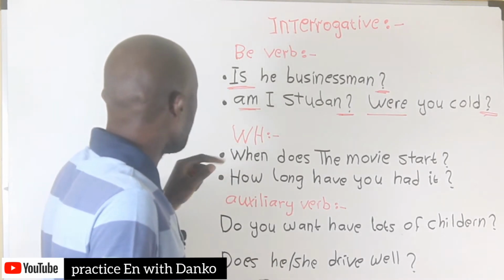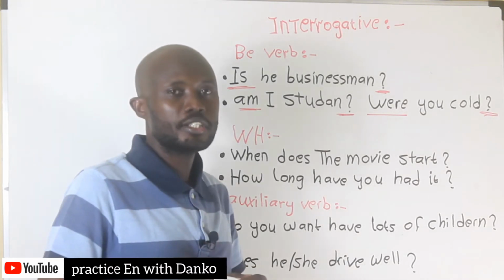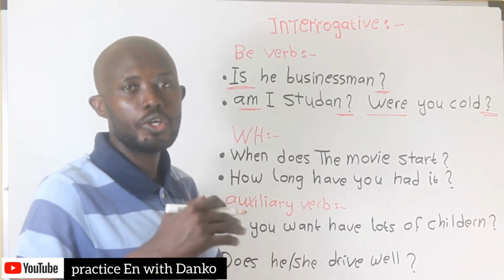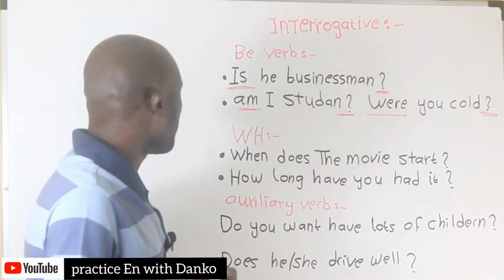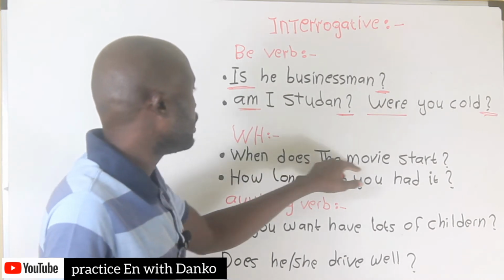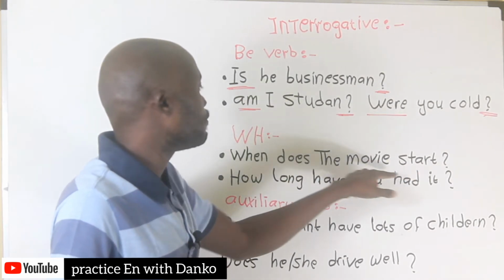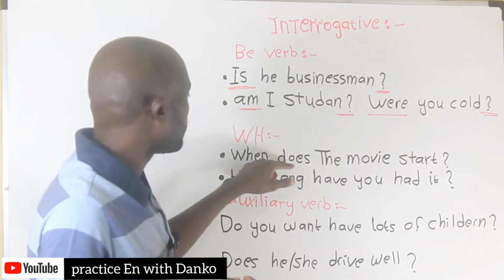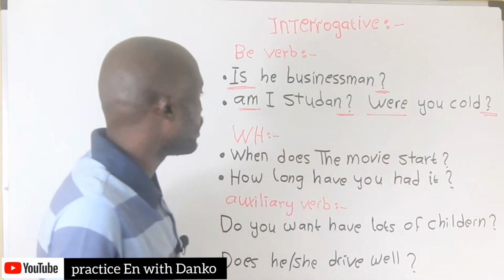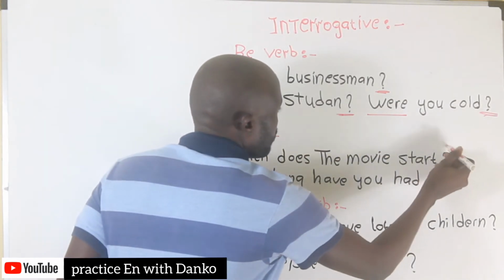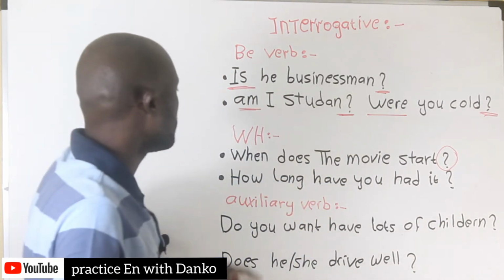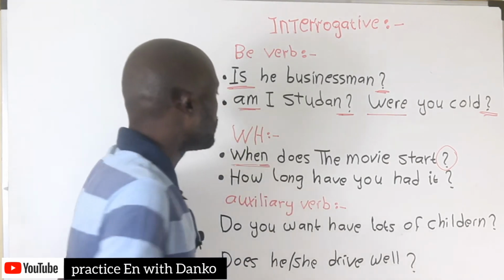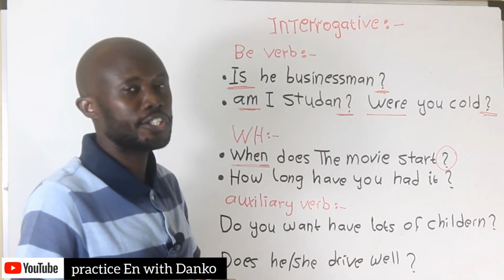Second, let's look at WH questions used in interrogative sentences. We're going to use WH questions. Examples: when does she move, or when does the movie start? Interrogative sentence: when does the movie start? Here, this is interrogative. So here we use WH questions to make interrogative sentences.